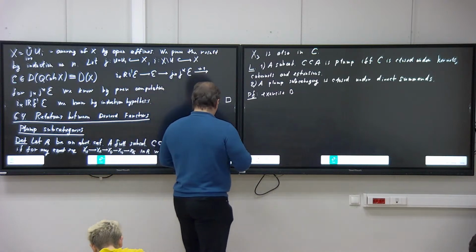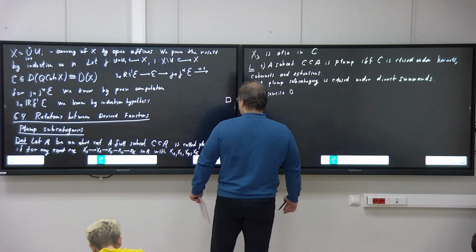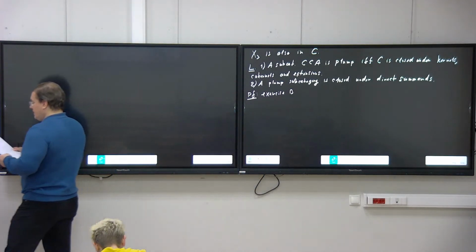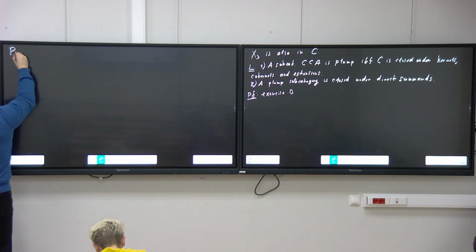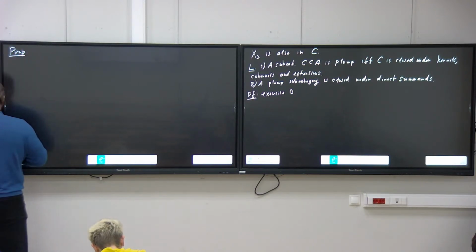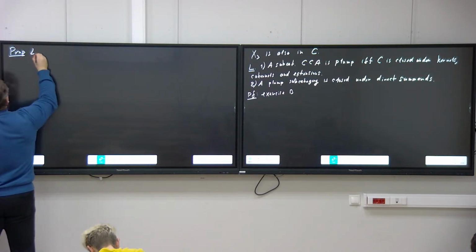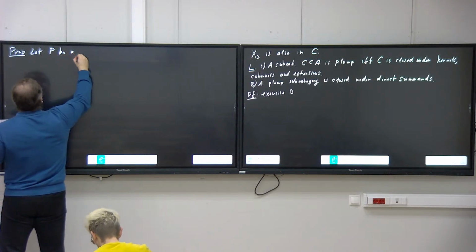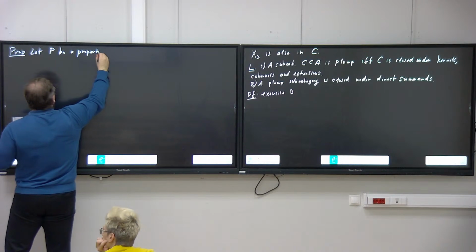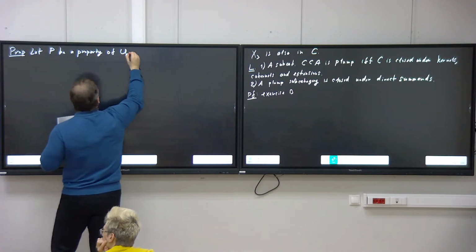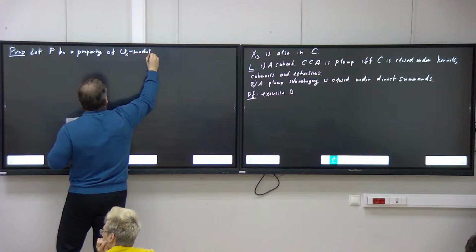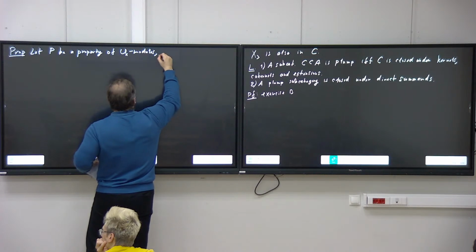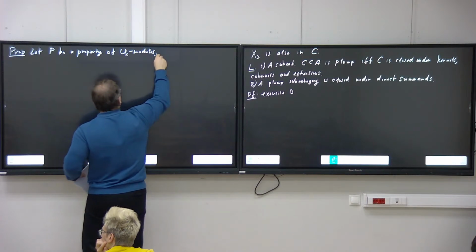And I want to prove the following statement. Maybe I just erase this because the statement is quite long. So, proposition. Let P be a property of O_X-modules, and I assume that this property is defined for any scheme.